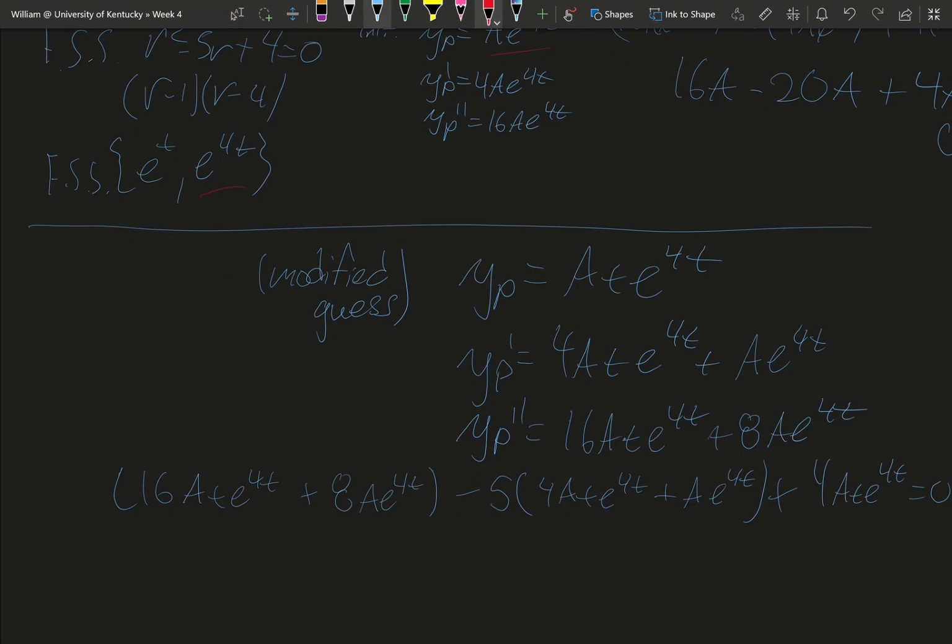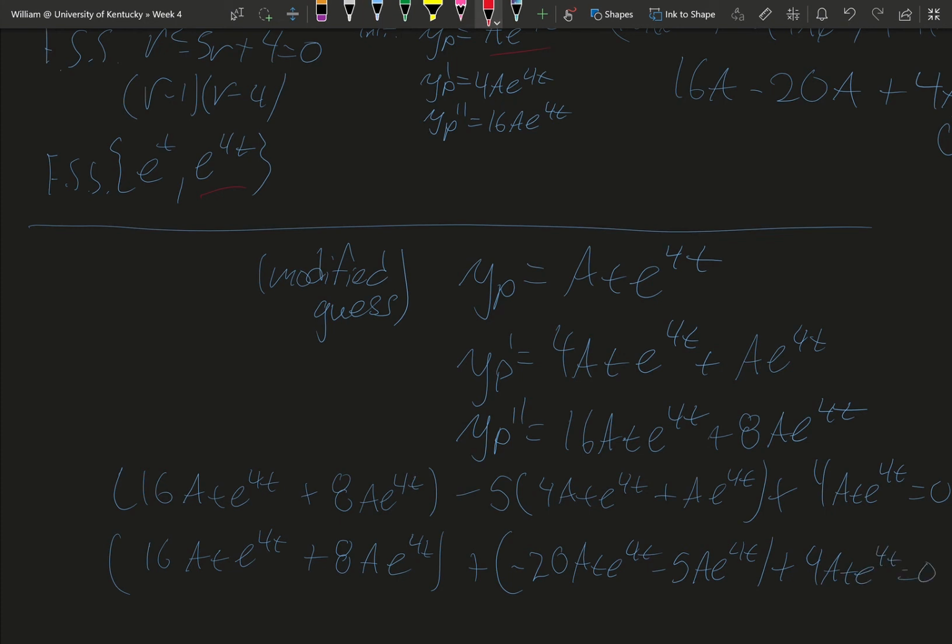All right, so I'll distribute just so you can see exactly what's going to happen. Negative 20at e to the 4t minus 5a e to the 4t, then plus 4at e to the 4t.